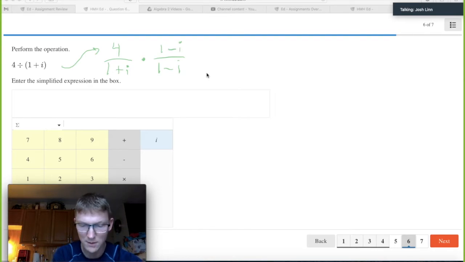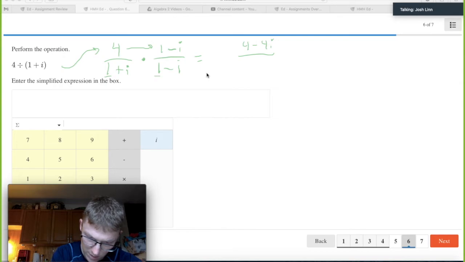And so now we've got our problem. So we're just going to multiply all the way across. So if I take this 4 into the 1 minus i, I'm going to have 4 minus 4i. In the bottom here, we'll have 1 times 1 is 1. 1 times negative i is negative i. i times 1 is positive i. i times negative i is negative i squared.